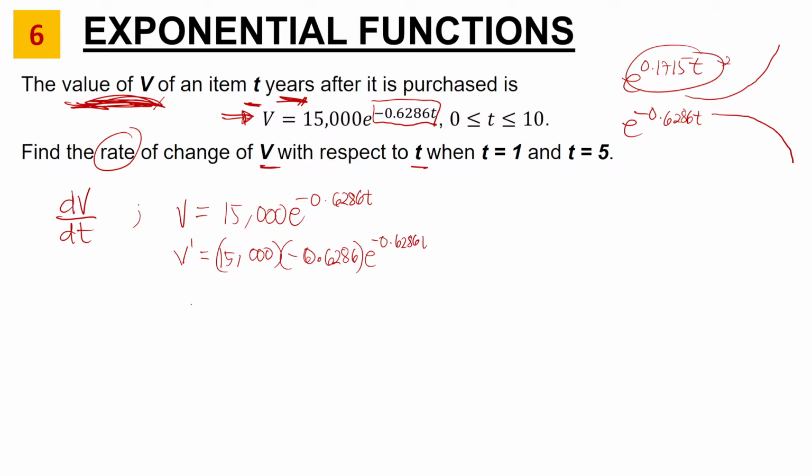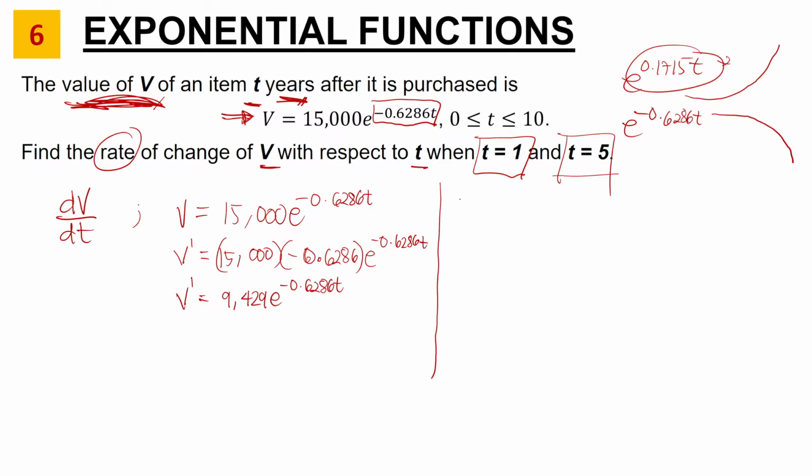And our v prime, or the rate of change of the value with respect to or per year, is equal to negative 9,429 e raised to negative 0.6286t. Now we are asked to find the rate of change of this specific item after 1 year and after 5 years.